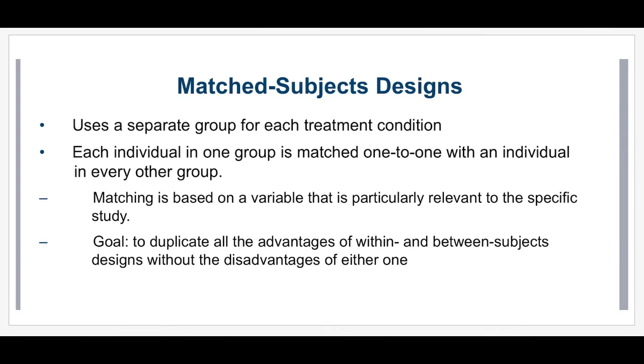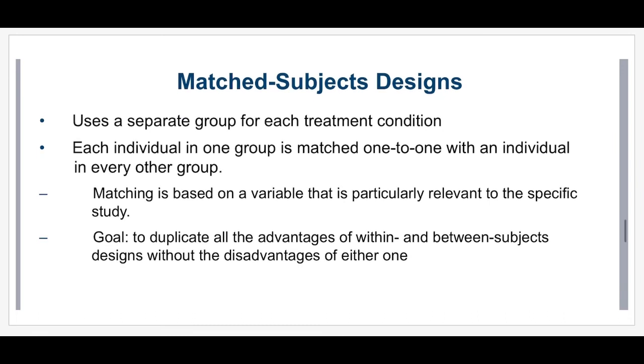It is also possible to use more than one variable. In the example, we matched the math achievement scores. That was the variable we paired them on. You can use multiple variables. You could actually pair someone on gender, age, and IQ if you wanted to. But that gets a lot more complicated and difficult, because it's going to be hard to find a female who's 28 years old with an IQ of 118 to pair with another female who is 28 years old with an IQ of 118.